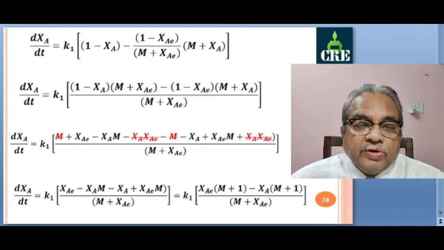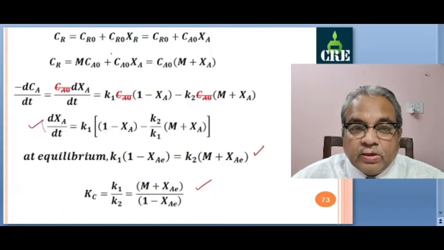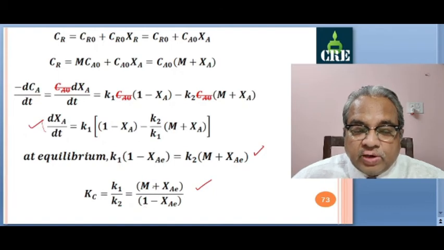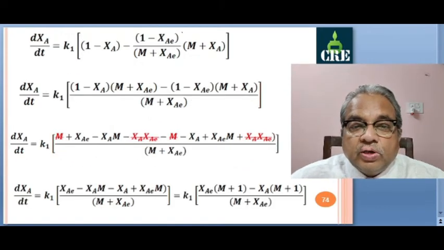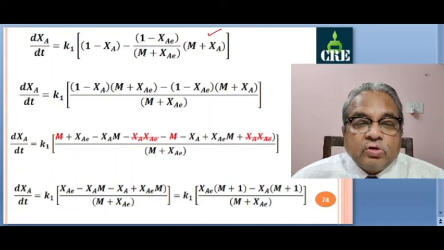So our equation for dXA by dt is K1 into (1 minus XA) minus K2 by K1 into (M plus XA). K2 by K1 is (1 minus XAE) divided by (M plus XAE). So we can solve this.